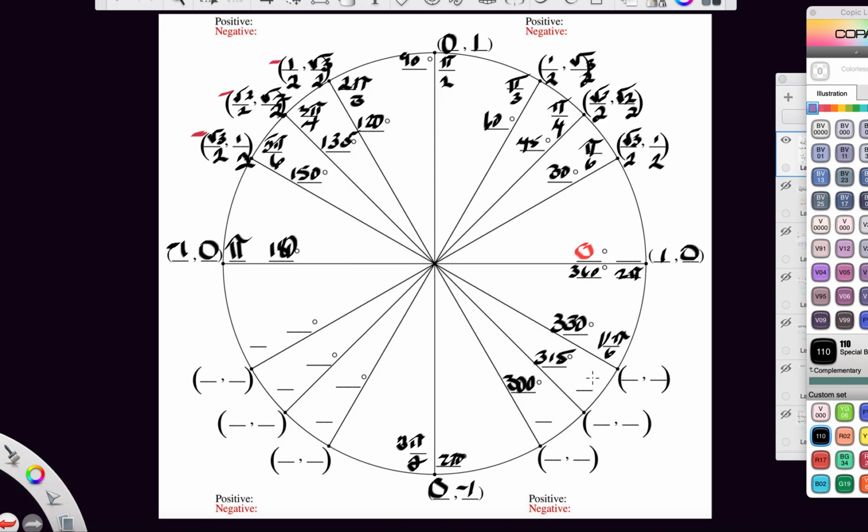In terms of fourths, that would be 8 over 4, but it's 1 shy, so we're going to put 7 pi over 4. And then down here, we're talking about thirds. 6/3 would be 2. So we're 1 shy of that, so we're going to be 5 pi over 3. And we can reflect either from here downward or from here over, and we'll have the same idea.